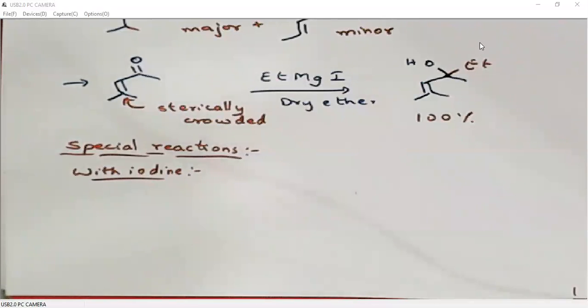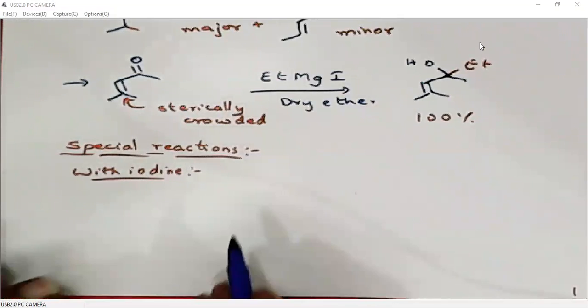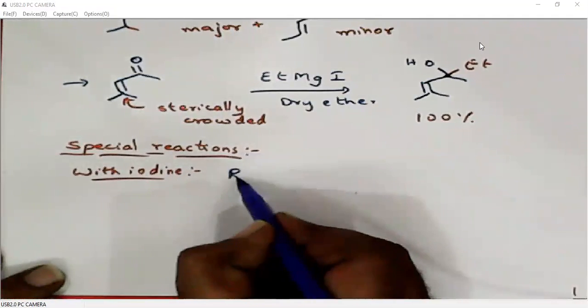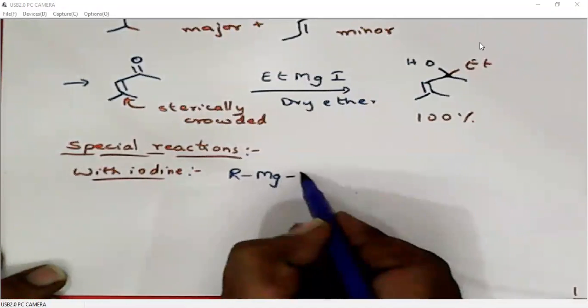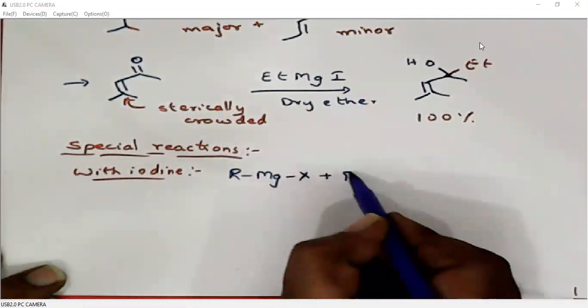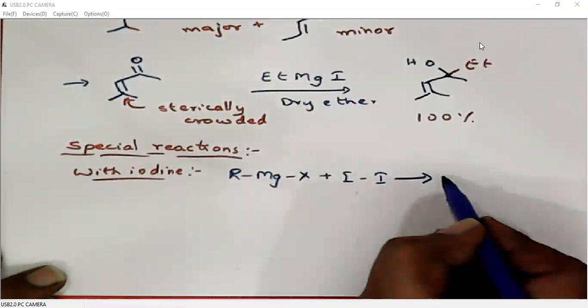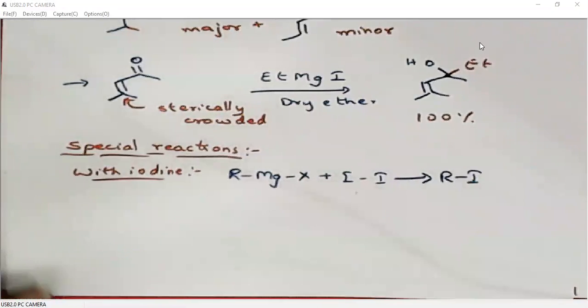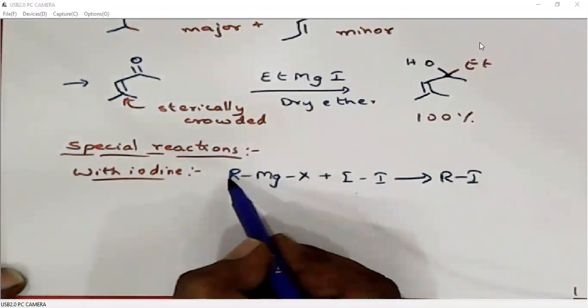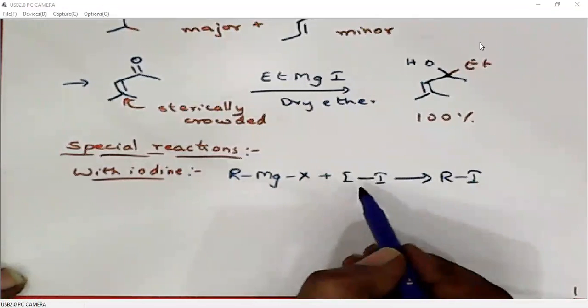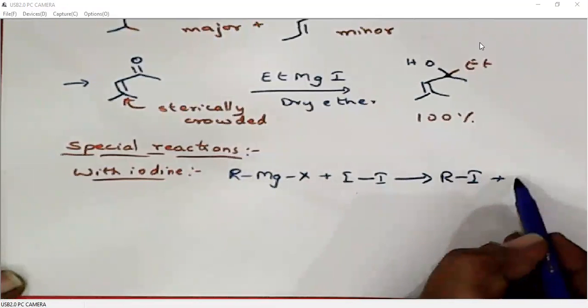Now we will see some special reactions of Grignard reagents. Grignard reagents react with iodine to give alkyl iodide. So that means here it acts as a nucleophile and one of the iodines acts as a leaving group.